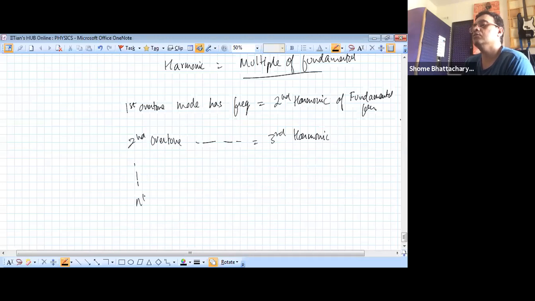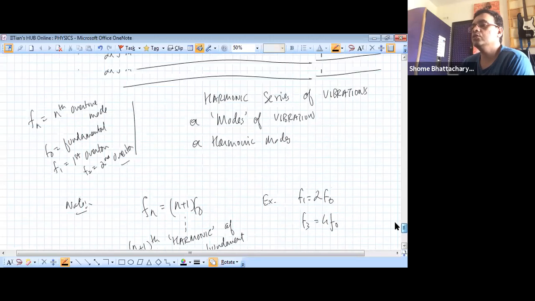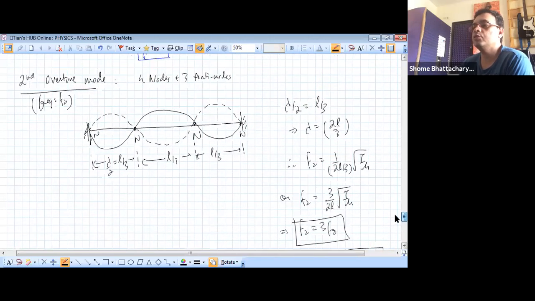So the nth overtone mode has a frequency equal to the n plus 1th multiple or harmonic of the fundamental frequency. Okay. So these are some of the key points you have to understand about the resonant modes of vibration of a string fixed at two boundaries.